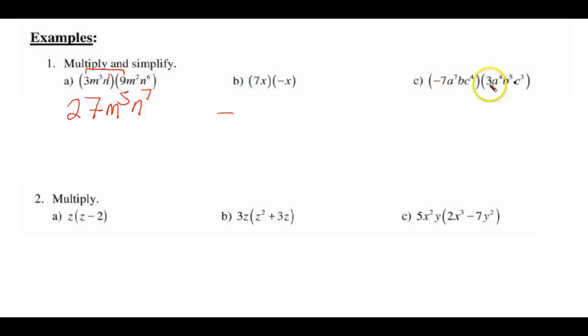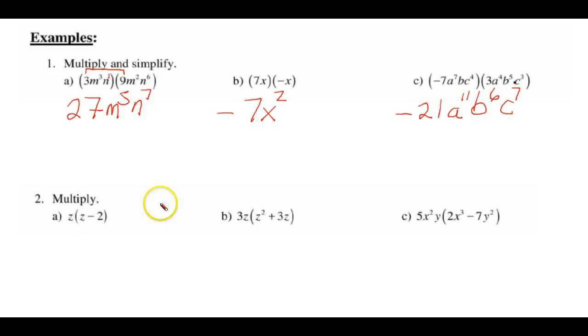So negative times a positive, this will be a negative. So let's take a moment to write these out. Well, these are pretty easy, so check your work. Now in this next case, we're going to multiply a monomial, but now within a parenthesis, it will be a binomial.